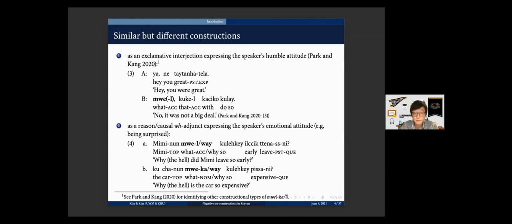So for example, in 4A, 미미는 뭘 그렇게 일찍 떠났니? And B, 그 차는 뭐가 그렇게 비싸니? Here, since this double-edged phrase 뭘 or 뭐가 receives a "why"-like interpretation, it can be replaced by the regular double-edged agent 왜, which means why. So as we see here, these constructions need to be differentiated from the double-edged constructions we are considering here.